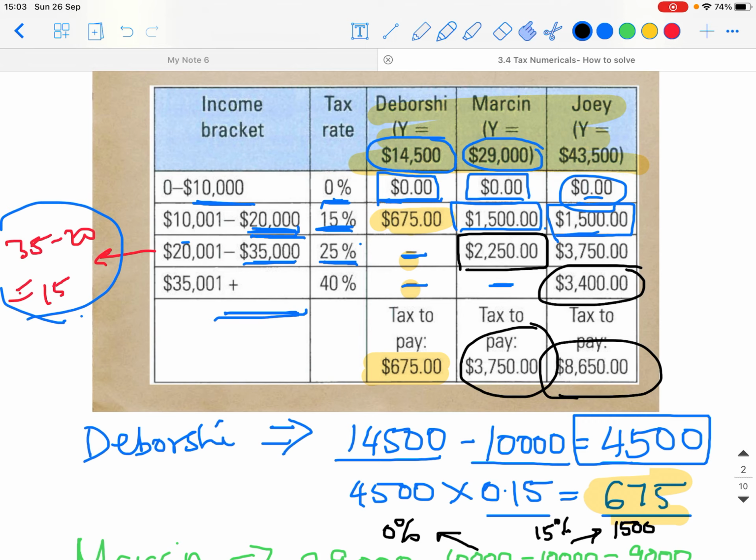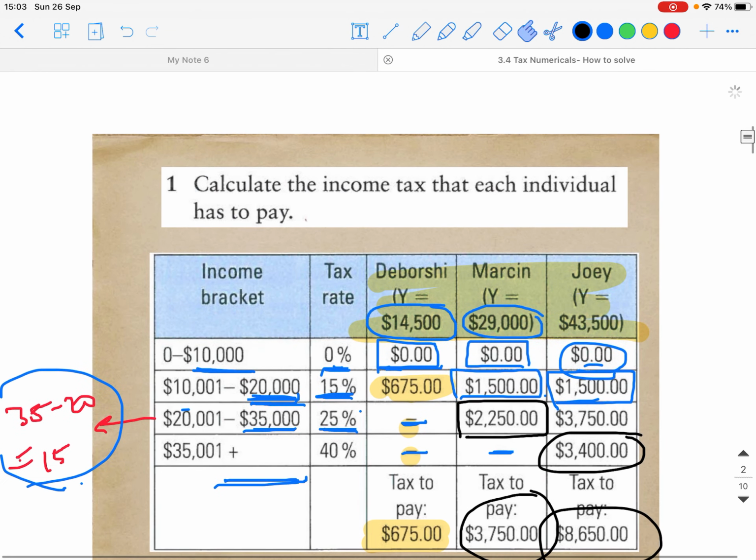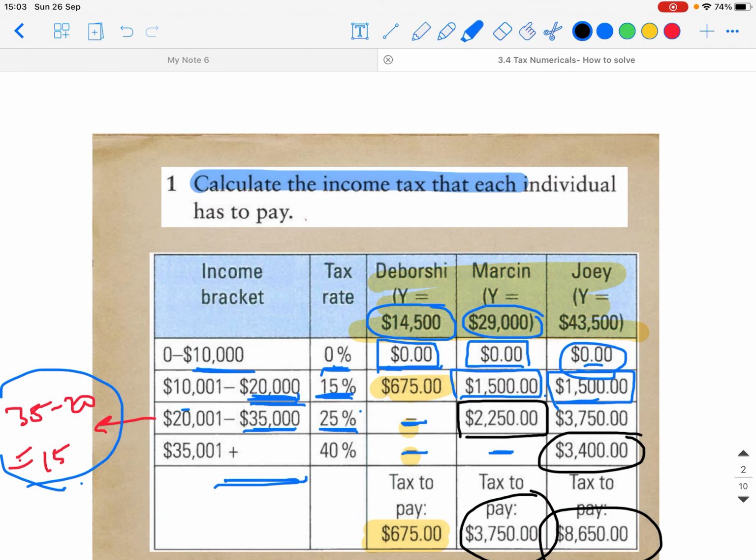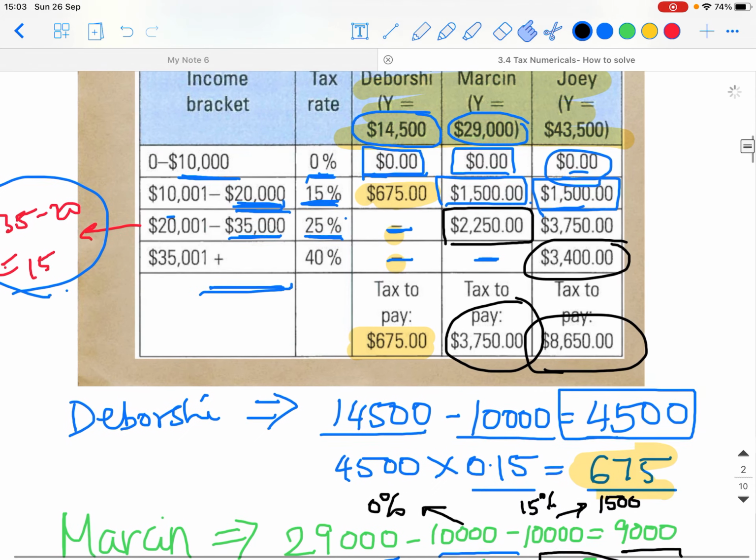Let's look at our question again to see if we've been able to answer it. Calculate the income tax that each individual has to pay. So we have calculated the income tax that each individual has to pay. We know that it is this much: 675, 3,750, and 8,650. Now let's move on to the next question.